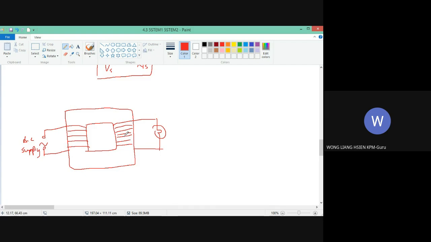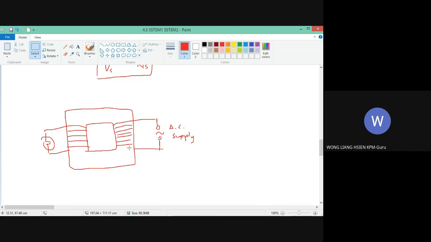However, if you want to convert this into a step down, it's very simple. All we need to do is switch the power source to the other coil, and then connect the load to the opposite side.